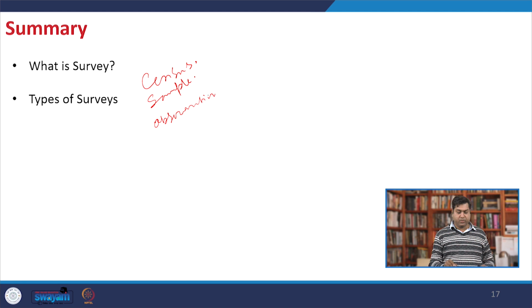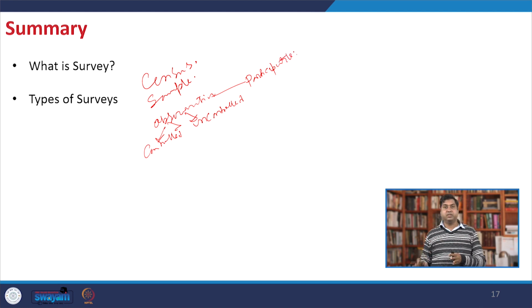And in observation survey also you have certain typology, whether it is controlled or uncontrolled, or participatory or not, where the observer takes part in the group to understand the behavior, or else it is a real-time one.